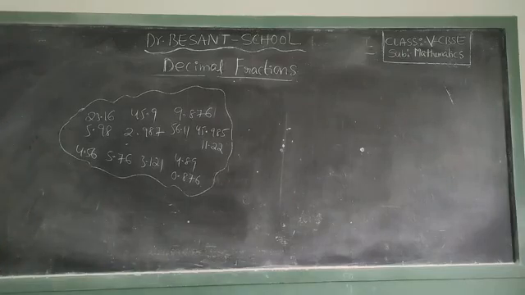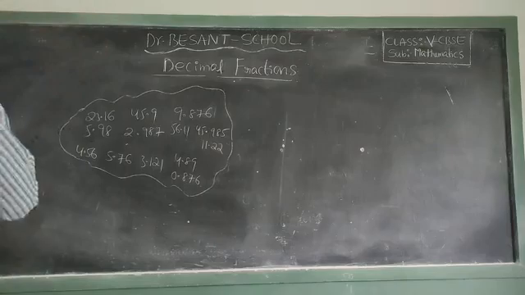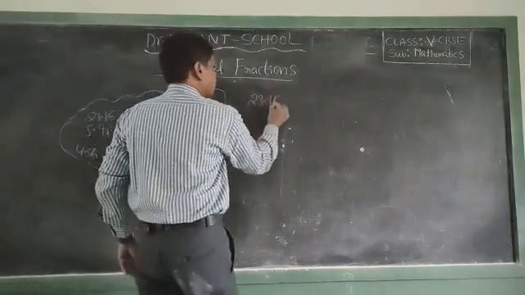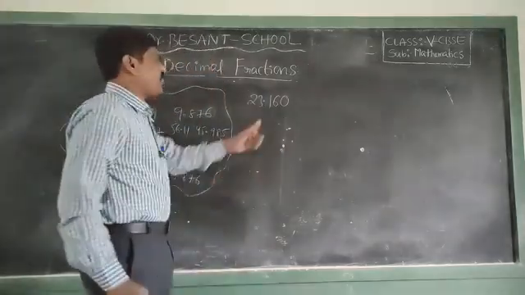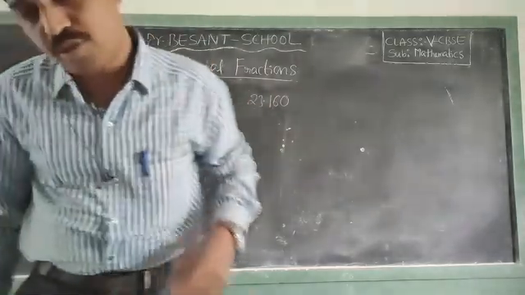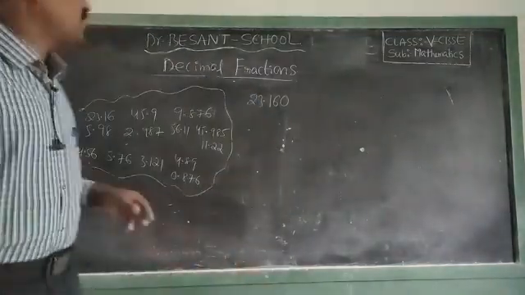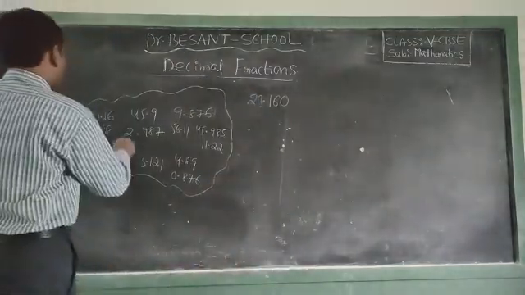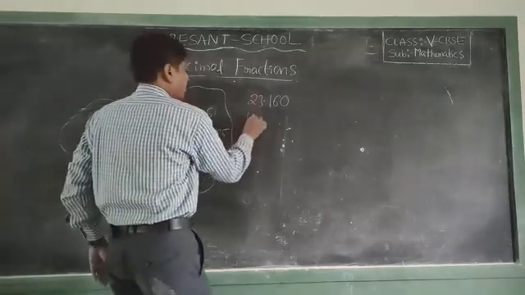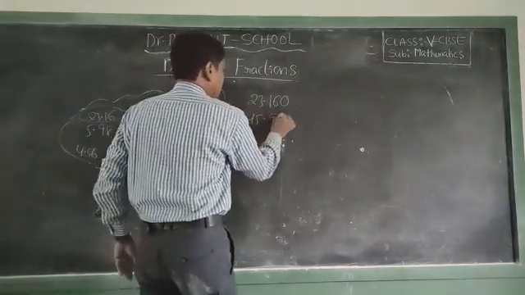How to convert? Very easy. 23.160. Now after decimal 3 places. Okay. Next, 45.900.